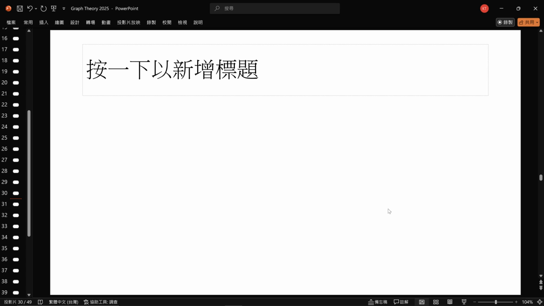But I think it's easier to start with the one on the right, because this degree sequence suggests that we should remove the smallest degree vertex and all its neighbors.